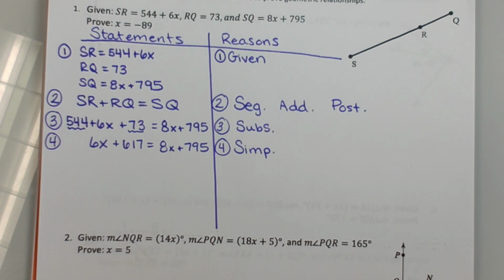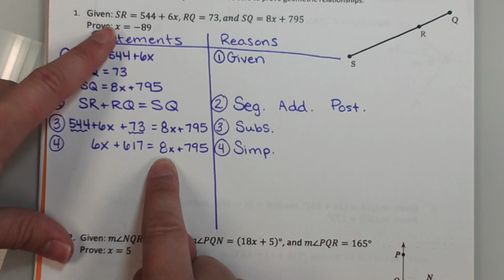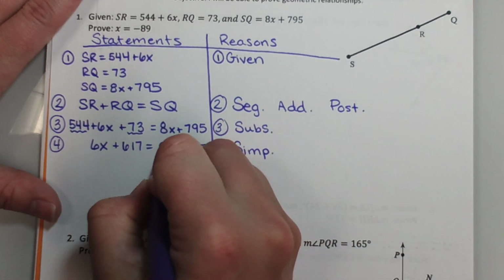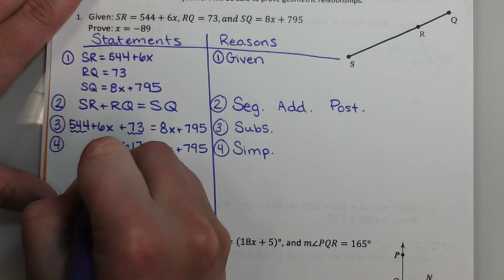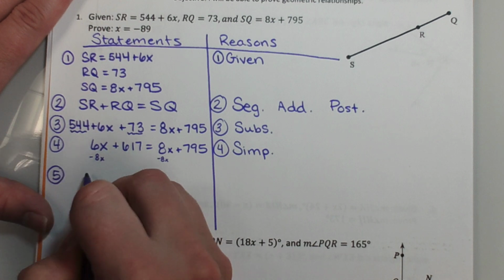Most commonly, y'all have been taught to move the smaller of the 2 x's, but you don't have to. If you know x's have to end up on the left side, you can move x's to the left side and subtract the 8x instead. Are you going to get negative numbers? Yes. And then you don't have to do the last step where you have to switch over.